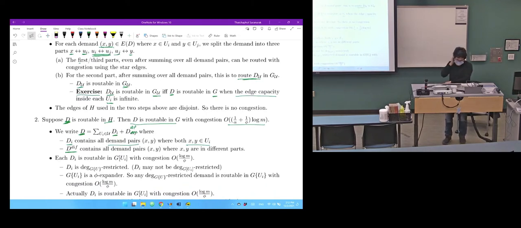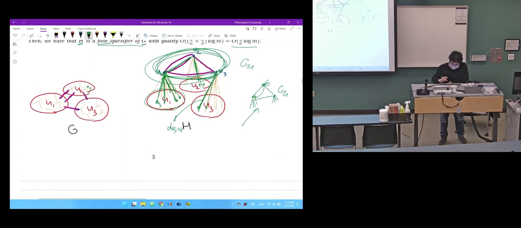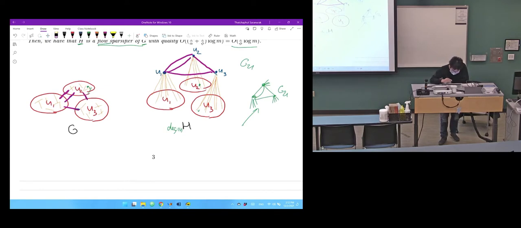Now let's look at each part one by one. If you have the demand d_i that is completely inside U_i, then I claim that this demand is going to be routable.